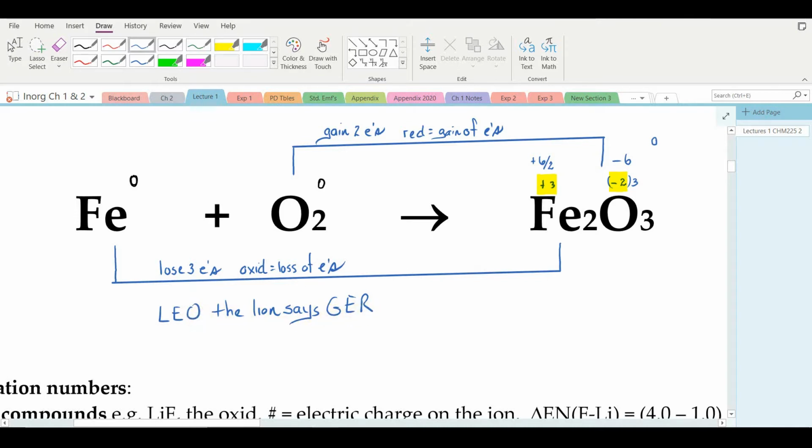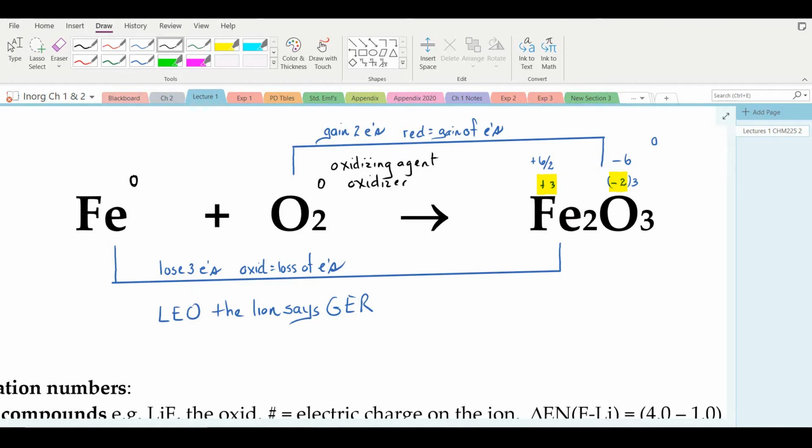Now, when this occurs, oxygen, which is doing the oxidizing, is called the oxidizing agent. Whatever does the oxidizing is called the oxidizing agent, or sometimes the oxidizer. So the oxidizer is going to gain electrons or take electrons to oxidize something.